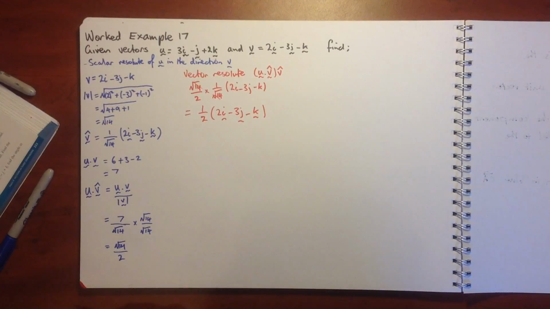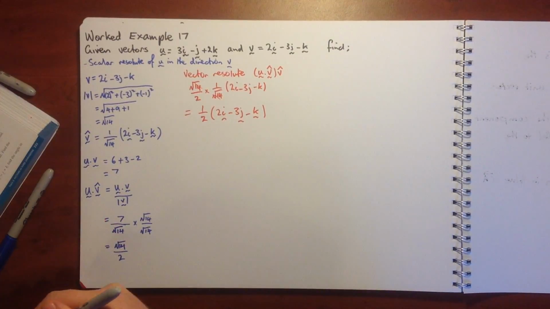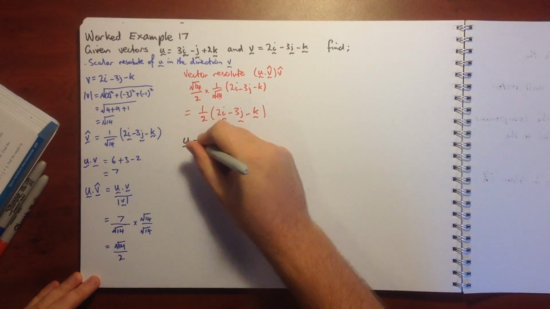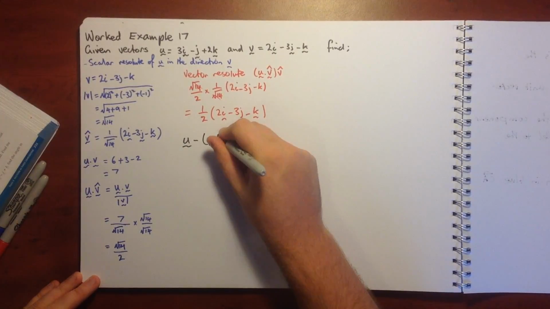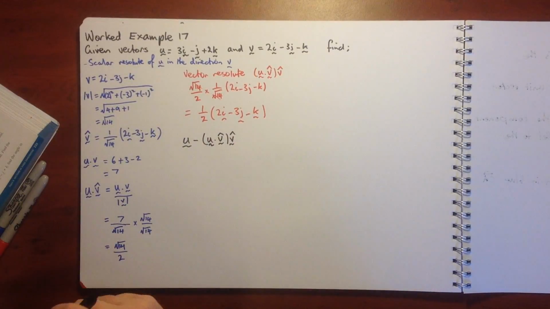You could expand out your brackets if you like, but it's not going to help you that much. So we can actually say we're done there with our vector resolute. And the last part is a vector resolute of u perpendicular to v. We find that by our u minus our u dot v hat times v hat.